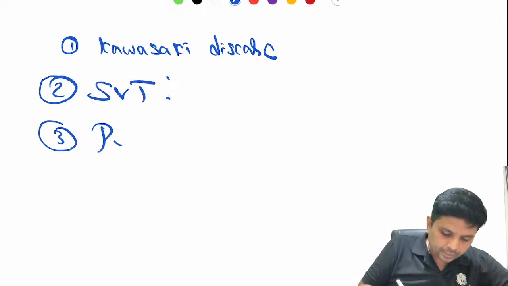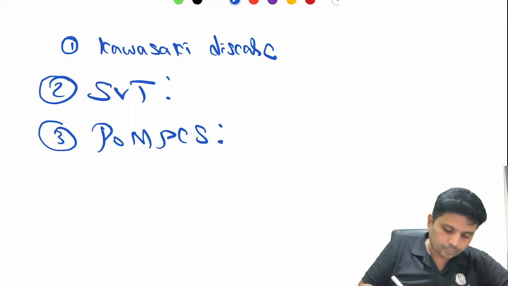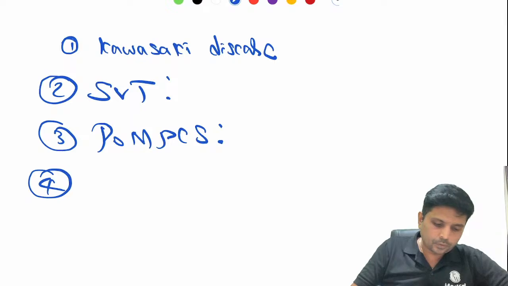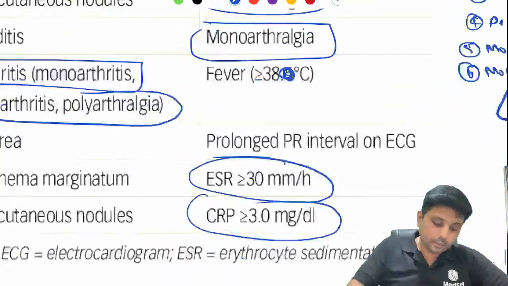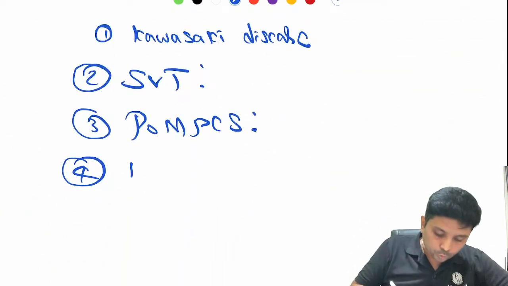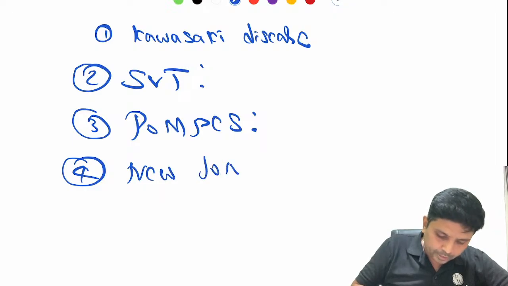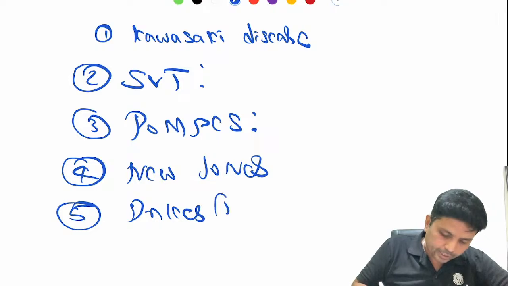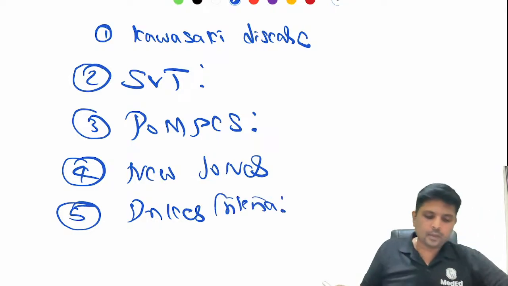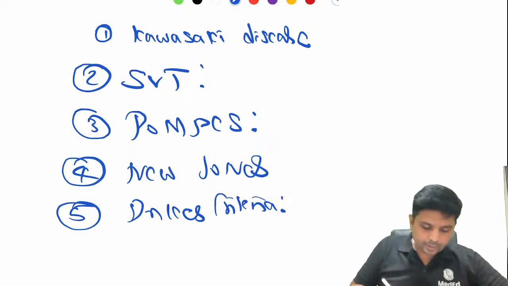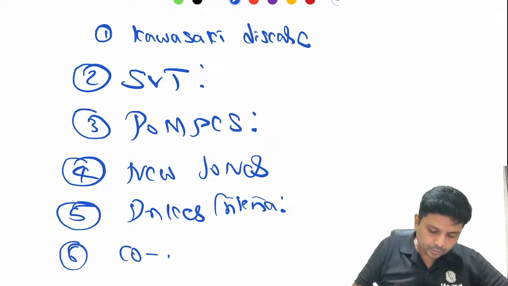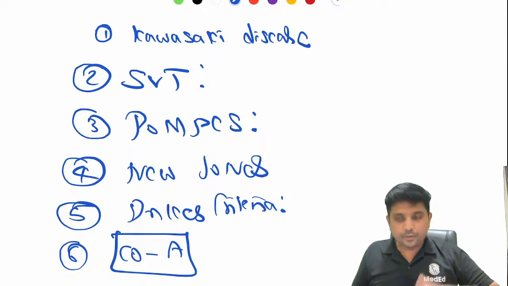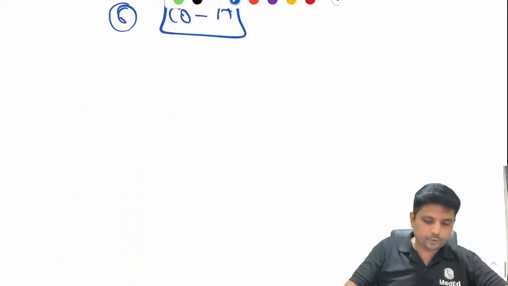Three, we discussed about pompe disease. What is new in Jones criteria, and we discussed only some points in Duke's criteria. And finally, last but not least, we are supposed to discuss coarctation of aorta. So we'll finish with coarctation of aorta.